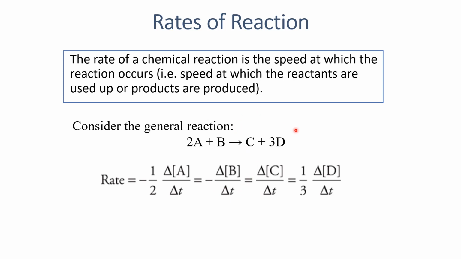Then let's come to the products. As the products are produced, there is no negative sign here, and the rate can be written as delta C over delta T, which can also be equal to 1 over 3 delta D over delta T, where 3 is the coefficient of D. You just need to keep in mind that for a reactant you put a negative sign, and if there is any coefficient, you put it in the denominator.